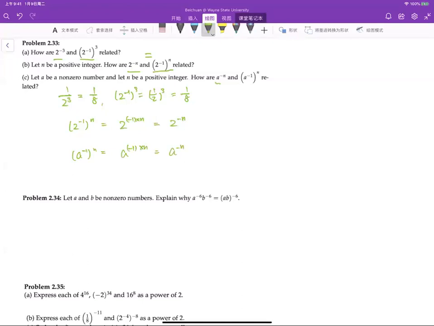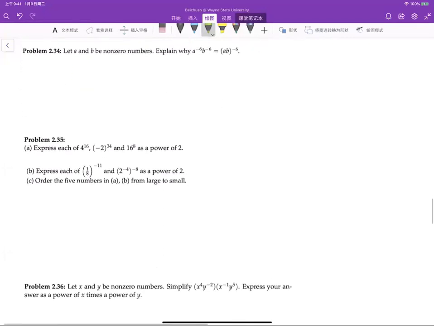So again, they are equal. Right? So basically, that means if you want to take the negative exponent, that's equivalent to taking the reciprocal first, then taking a positive exponent. Okay, so they are the same thing. So that's what 2.23 wants to tell you.